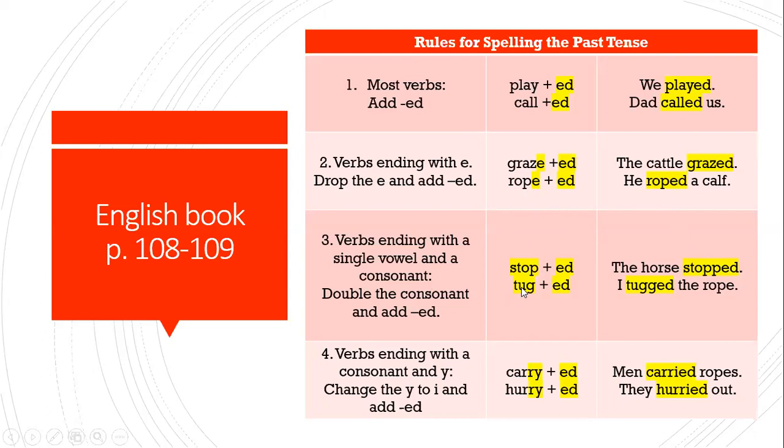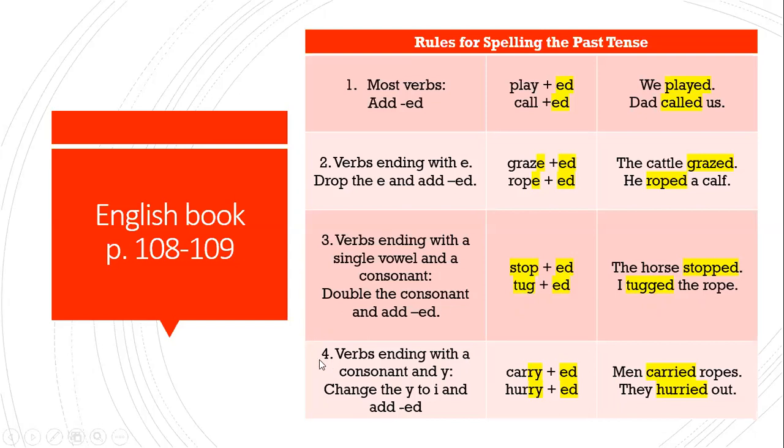Tug has a single vowel, and it ends with a vowel and consonant. I'm trying to show the arrow here to point at this. So we have one vowel and the verb ends in vowel consonant. So when that happens, we double the consonant and then we add ed, such as I tugged the rope. The verb tugged has a double consonant.